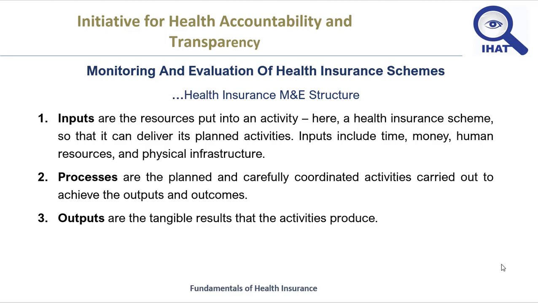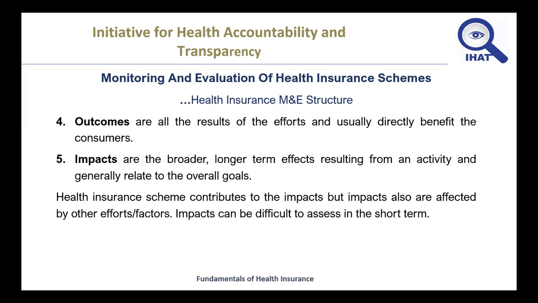Outputs are the tangible results that the activities produce. Outcomes are all the results of the efforts, and they usually directly benefit the consumers. Impacts are the broader, longer-term effects resulting from an activity and generally relate to the overall goals.